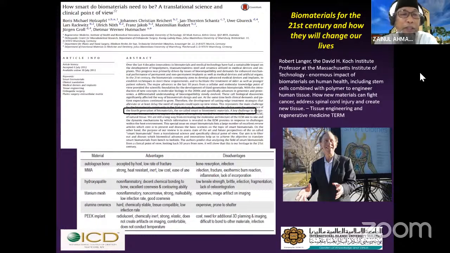Besides having autologous bone, there is methacrylate, hydroxyapatite. Now we have titanium, and most recently they have PEEK implants, which are part of resin. So these are all the implant biomaterials that are especially applicable for humans.